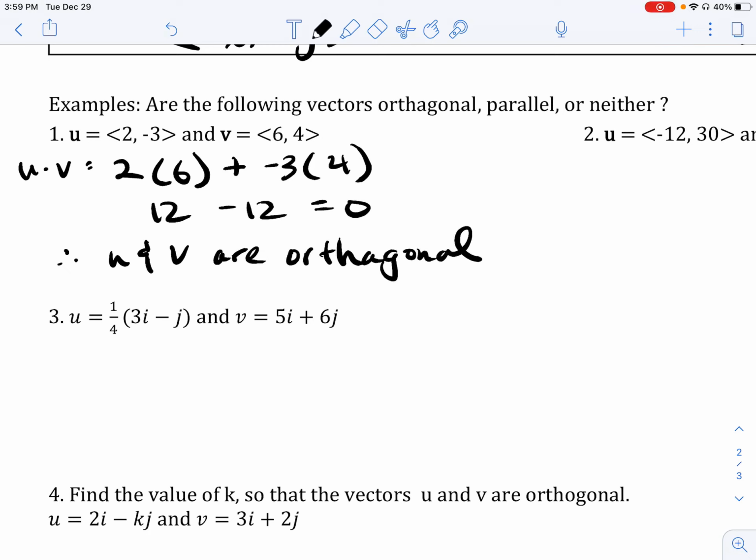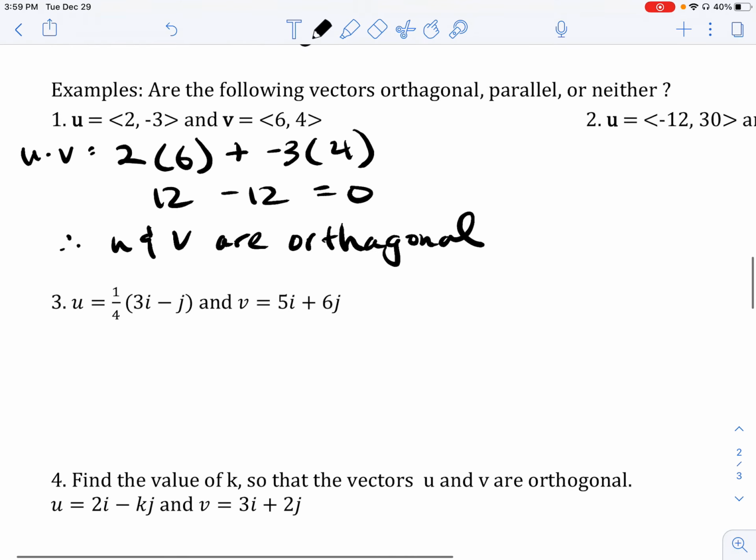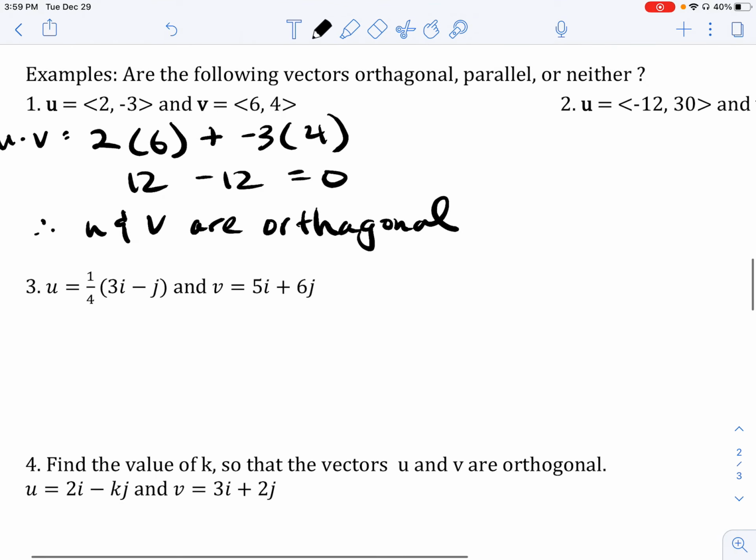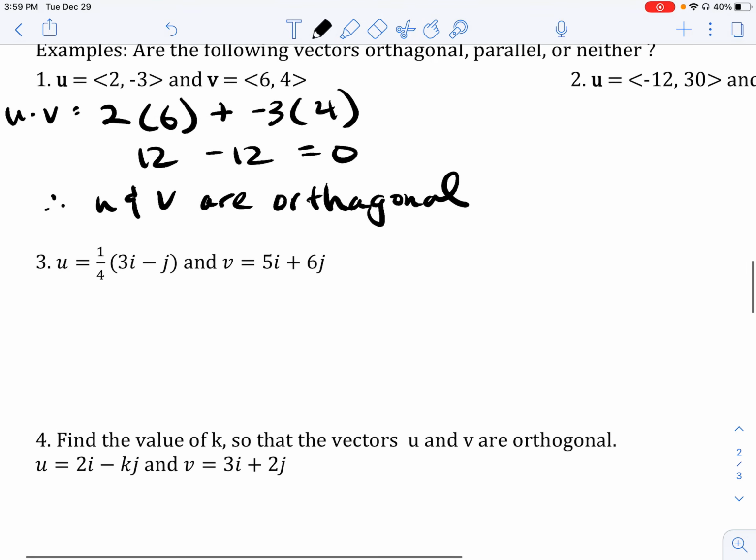Okay? Let me try jumping to something like number 3. I'll let you try number 2 on your own, but let's jump to number 3. Number 3 says the following. Are these vectors orthogonal, parallel, or neither? Well, one option is to look at the dot product, but I want to hold off on that for a bit, because earlier I said if two vectors are parallel to one another, that means their slopes are equivalent.